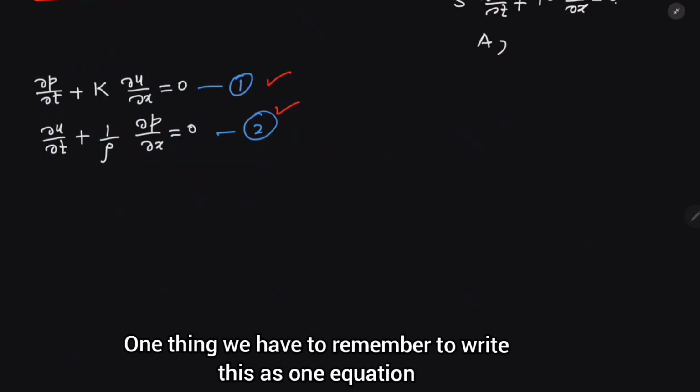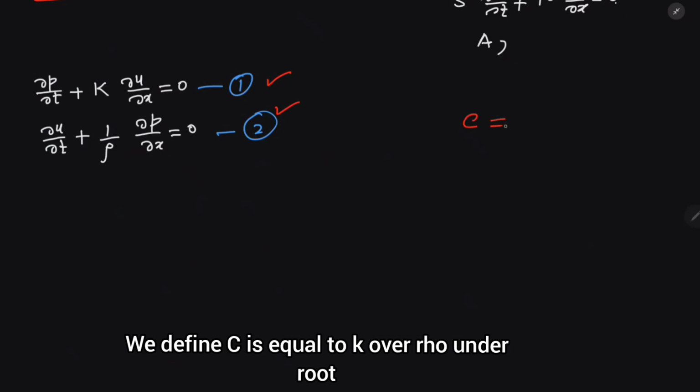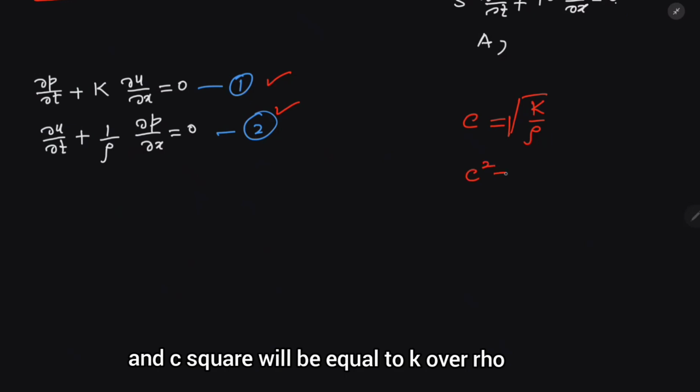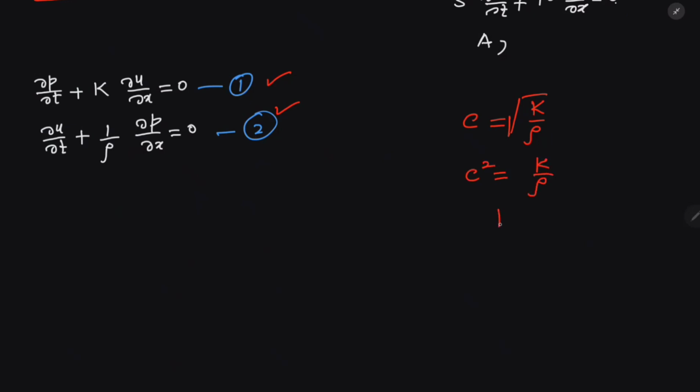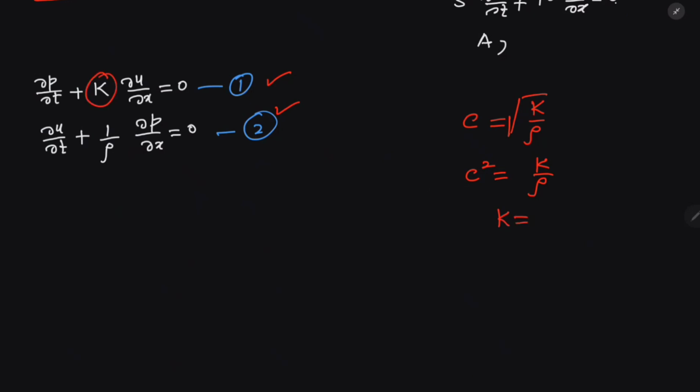One thing we have to remember to write this as one equation: we define c equal to the square root of K over rho, so c squared will be equal to K over rho, and K is equal to rho c squared.